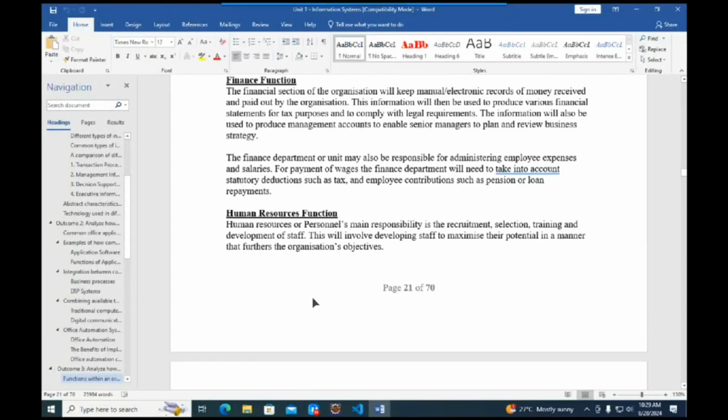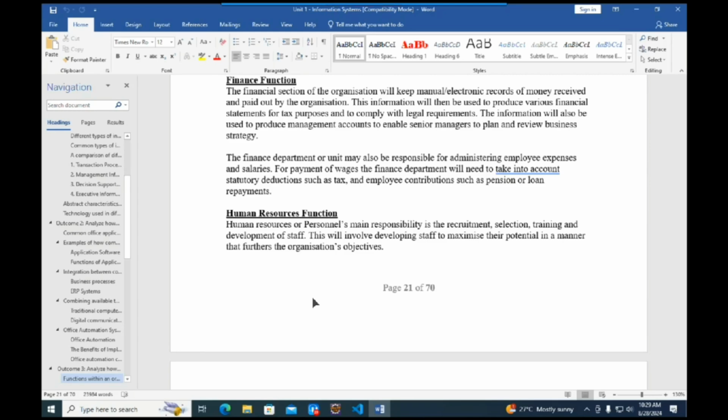So when you talk about the finance function, we're basically looking at the section of an organization that keeps records of money. They keep records of money that is received, or the money that is paid out by the organization.